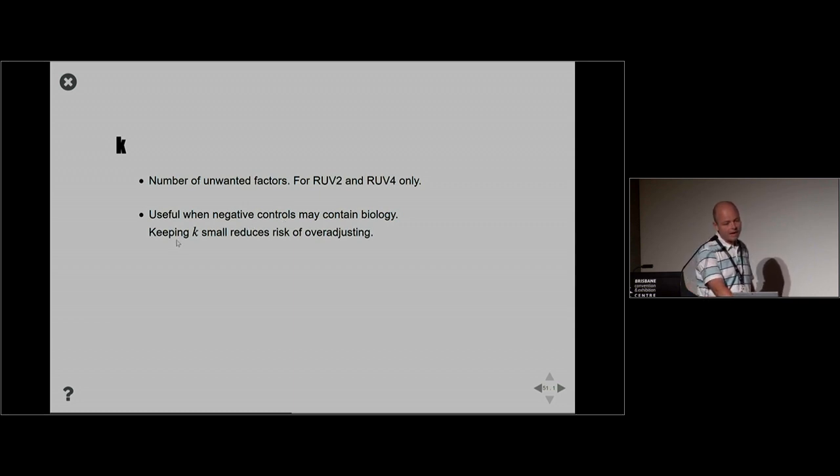In that case, keeping k small will reduce the risk of over-adjusting. So if you think that your negative controls maybe have a little bit of biology in them, and you're concerned that you might remove that biology along with everything else, one thing you can do is RUV2 or RUV4 instead of RUV inverse or RUV-R inverse, and keep k small. That way you'll only remove one or two factors, and they will ideally not be the ones that have any biology in them.